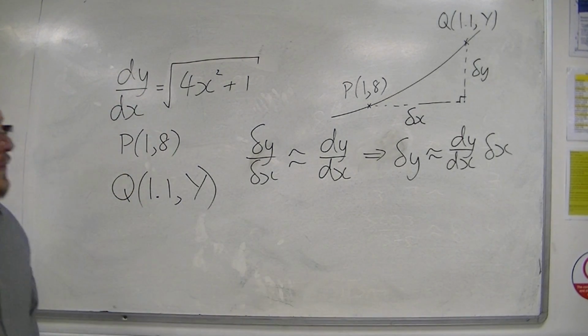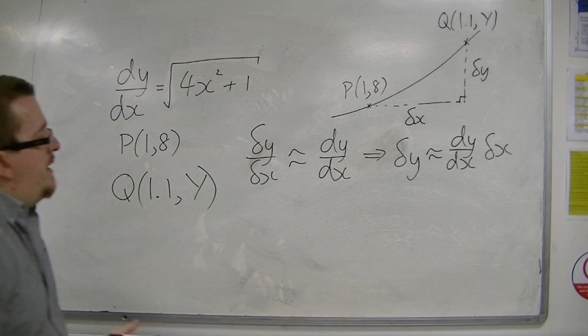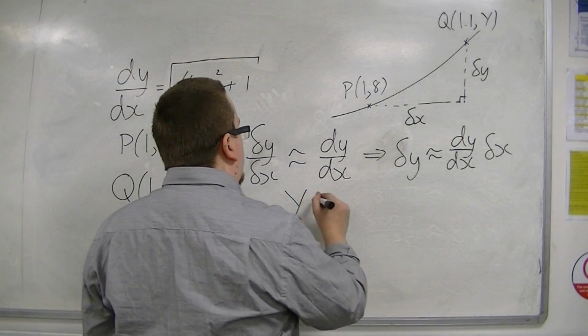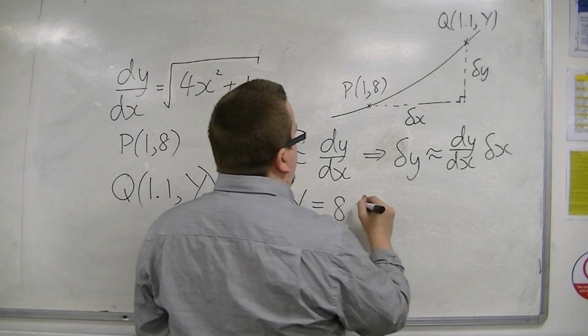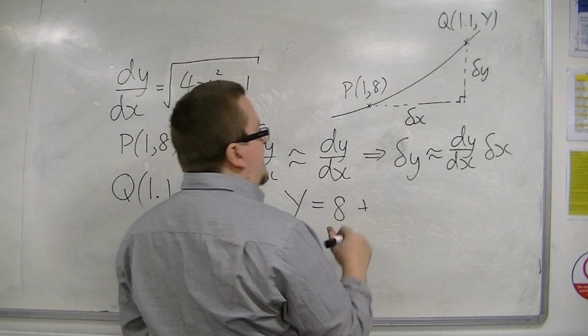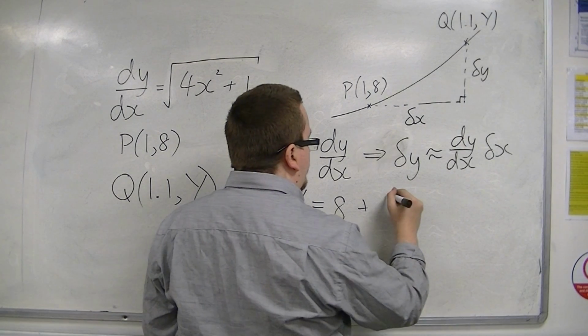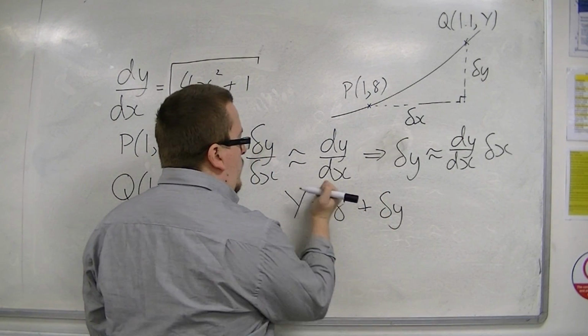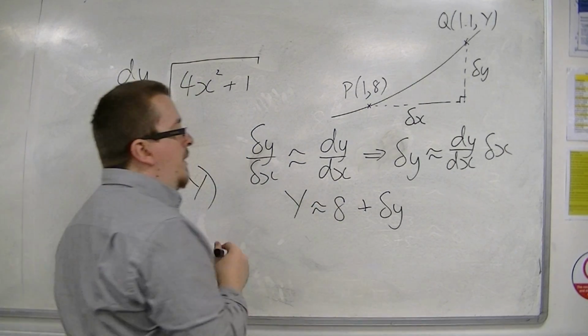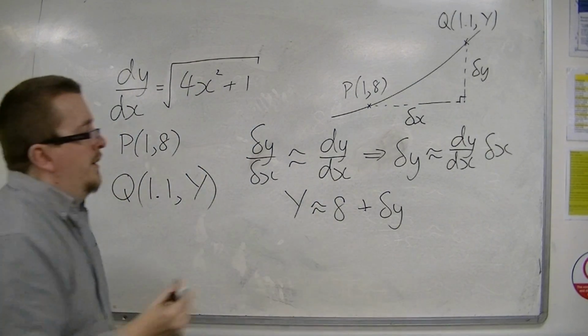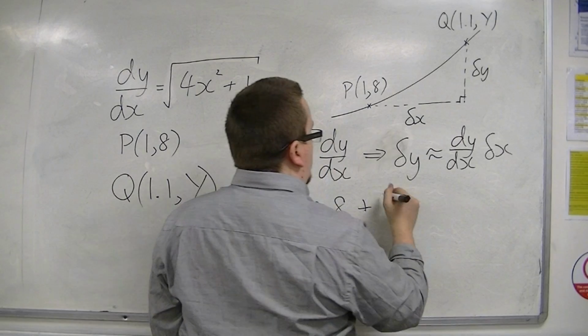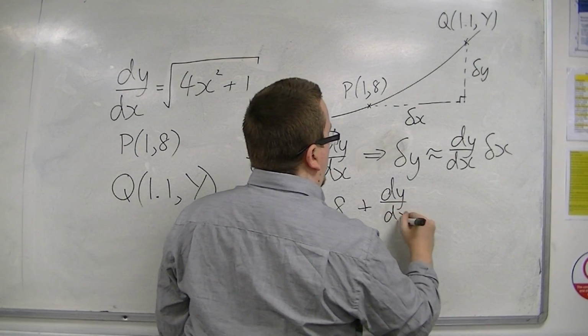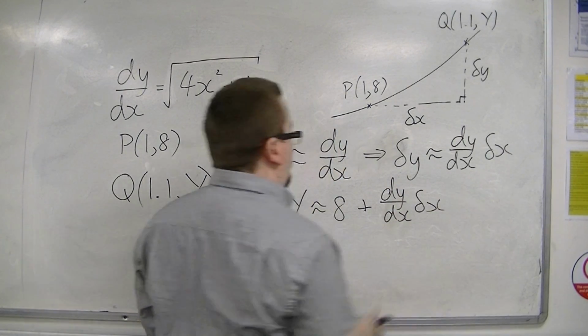Now, let's put this into practice then. I would therefore be saying that y would be approximately equal to 8 plus delta y. So 8 plus dy by dx times delta x.